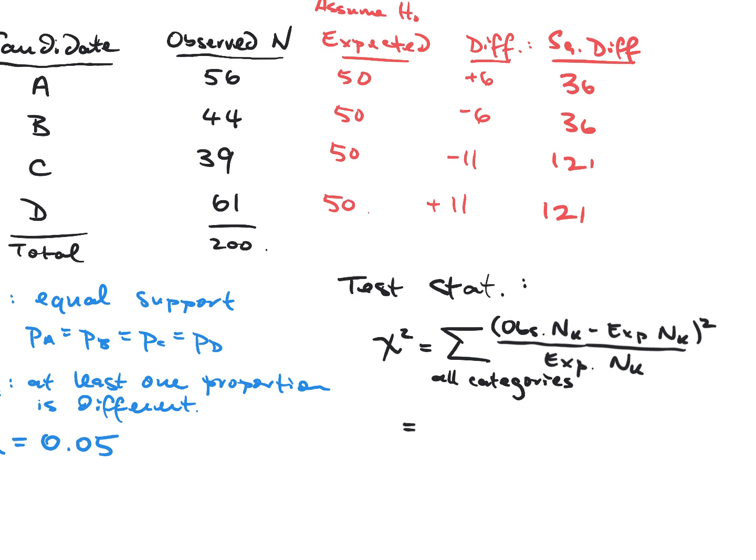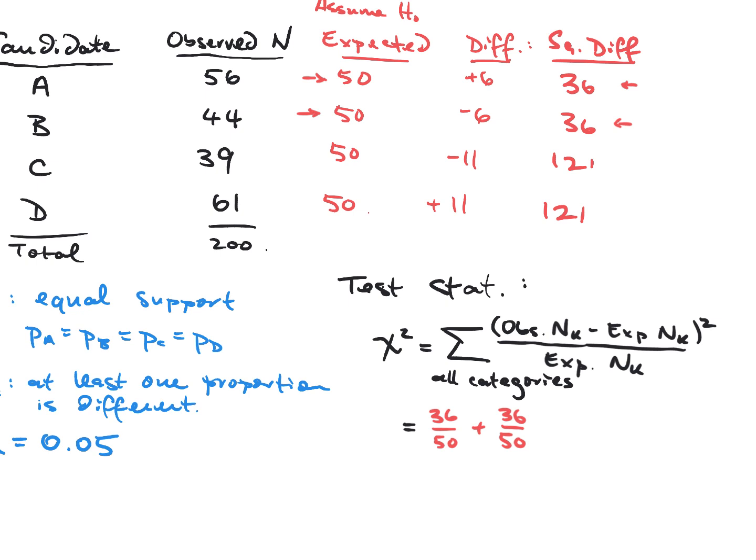That was this 36 right here, so 36 over the expected number in the category, 50. Plus, next category, the squared difference is 36, the expected number is 50.